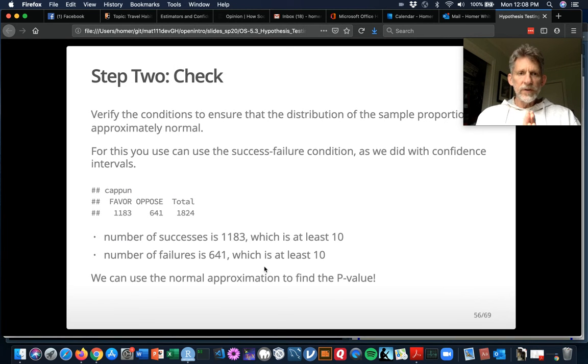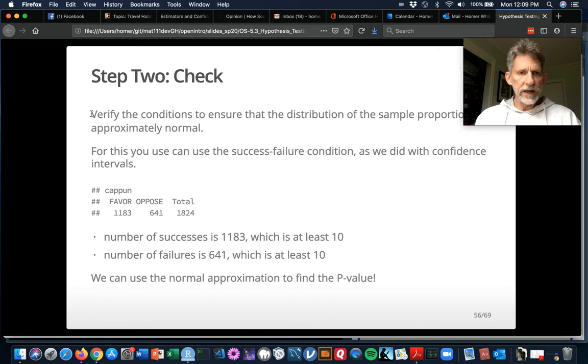Now we're on to step 2 in our overall process of hypothesis testing. This is the check step. This is the step where you check to see if the hypothesis testing method that you plan to use really does fit your data situation.